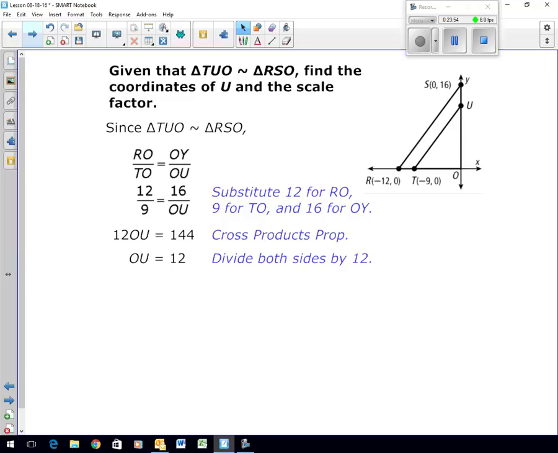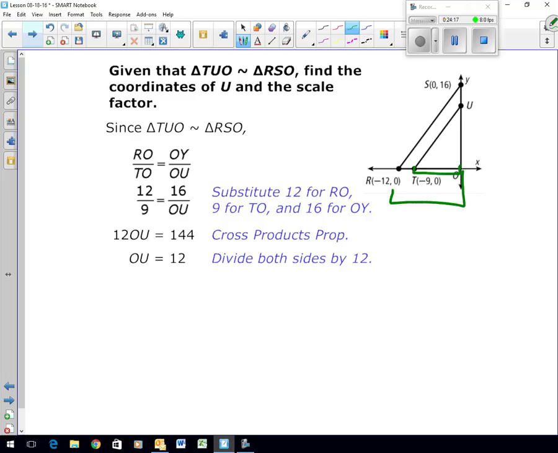This is where I got to put everything together. I will first start off writing down my corresponding sides as a proportion. They say R to O and T to O have to be proportional.